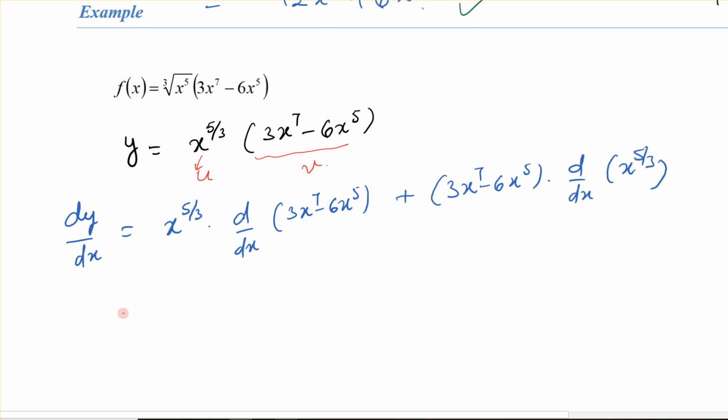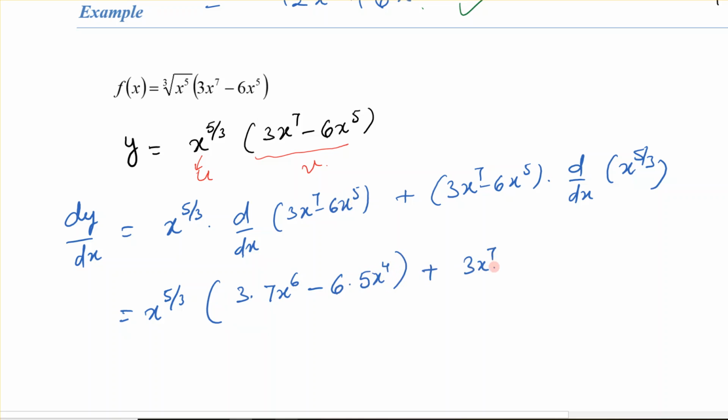So we get x raised to power 5 over 3 as it is. Then 3 is a scalar, so for x^7 you bring the power down and reduce the power by 1. So you get 3 times 7x^6 minus 6 is a scalar, and then you bring the power down, so 5x^4. These are multiplications.